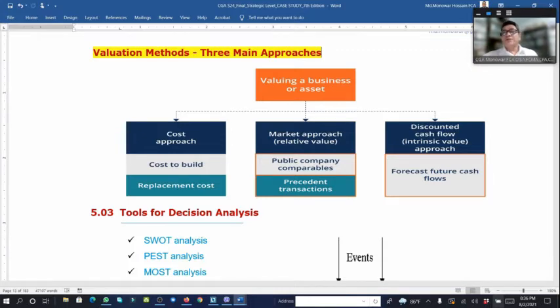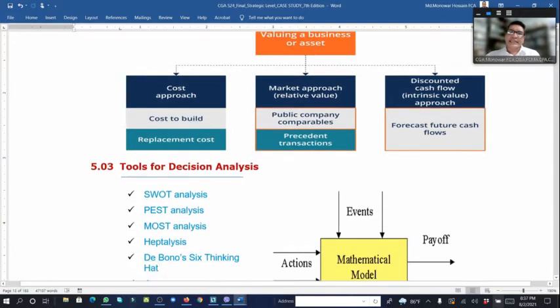Another one is discounted cash flow. It is the forecasted future cash flow, discounted based on your cost of capital, that means the rate, and then we get the discounted cash flow value. Generally we do this in our NPV calculation, IRR calculation, PI calculation. So it is also a valuation method.